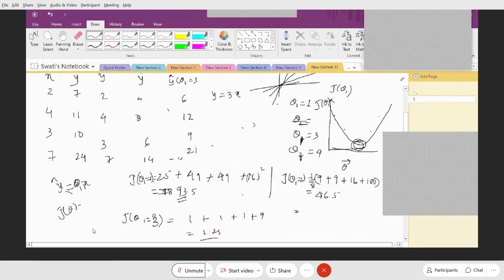J theta is equal to the mean of the summation of (actual y minus y cap) whole squared, okay? This is your J theta, this is your y cap, this is your data. Sit down yourself once and work out theta and J theta in your notebook, and then probably you will realize what I'm trying to say. Okay, do it yourself.